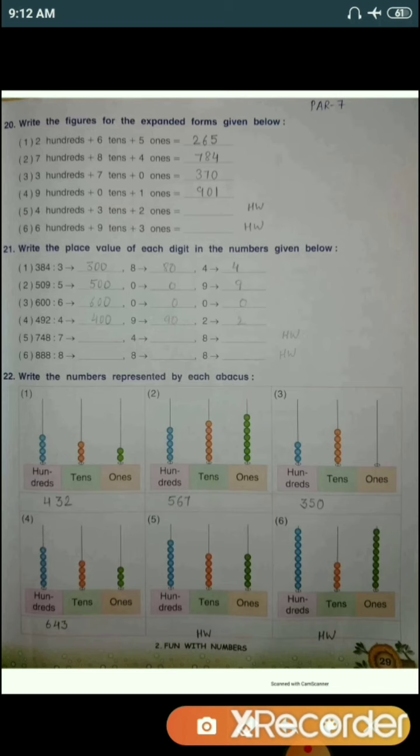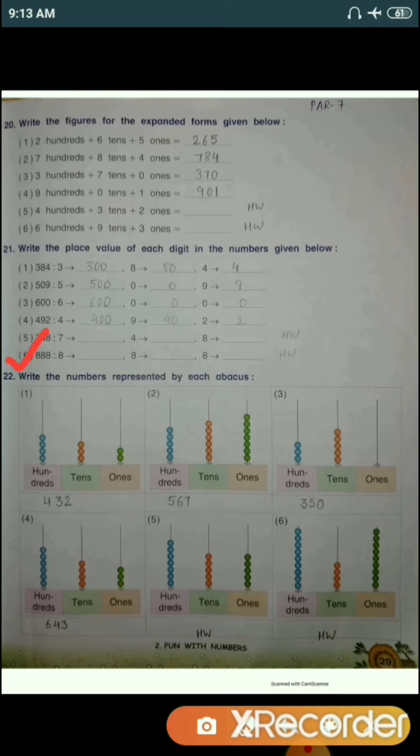So with the help of this method, you need to solve question number 5 and number 6 by yourself.